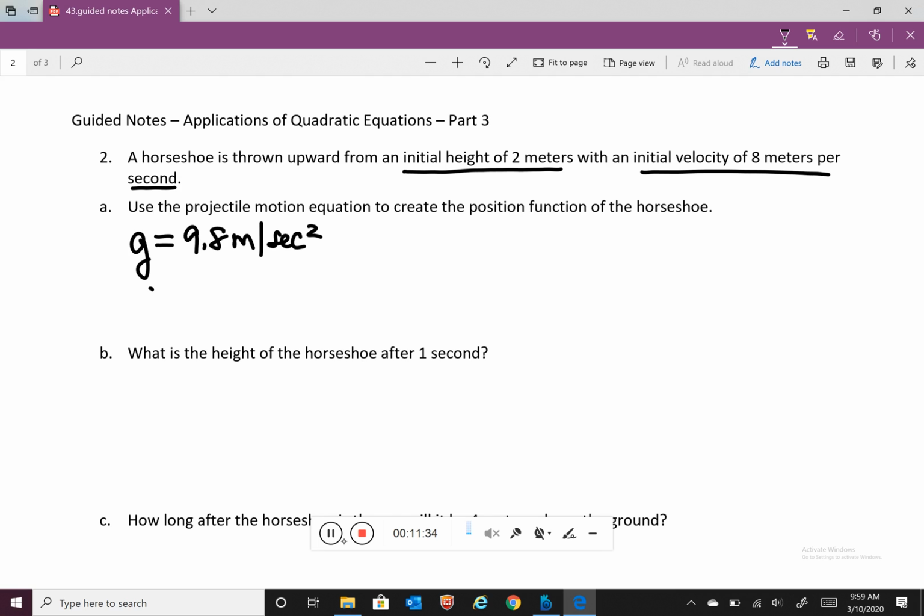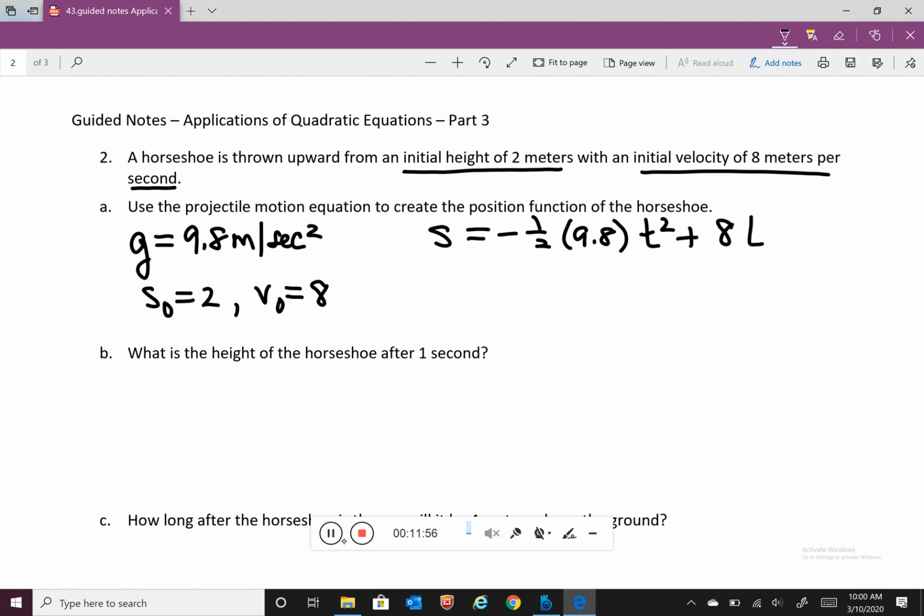The initial height was 2 meters, and the initial velocity is 8 meters per second. So that gives us S is equal to negative 1/2 times 9.8 times t squared plus 8 times t plus 2. And simplifying, negative 1/2 of 9.8 is negative 4.9 times t squared plus 8t plus 2. And so that's our position function.